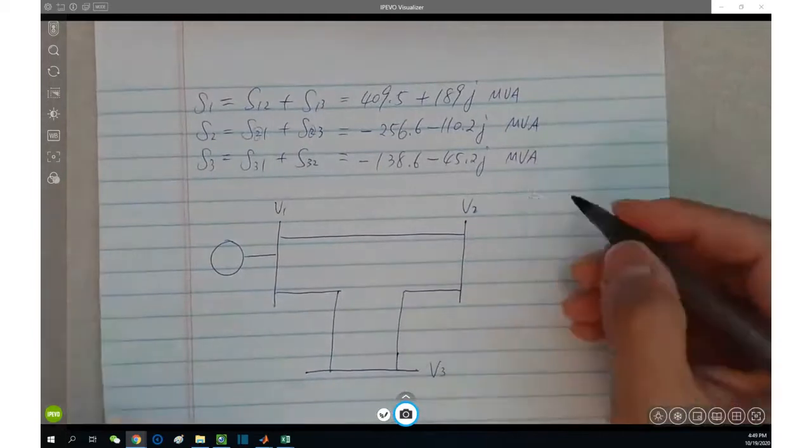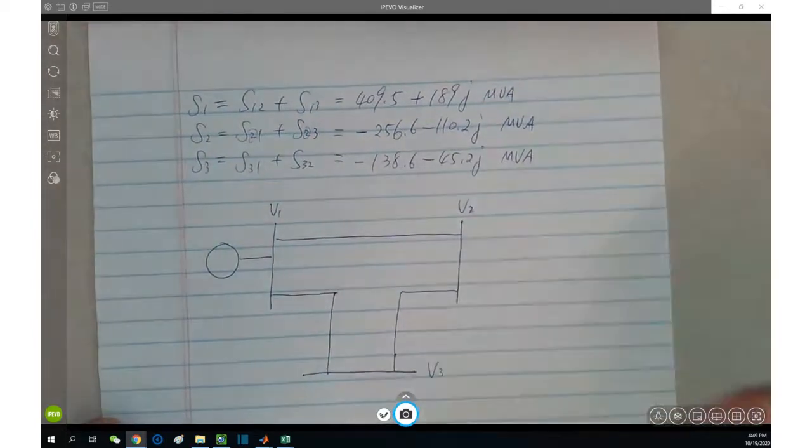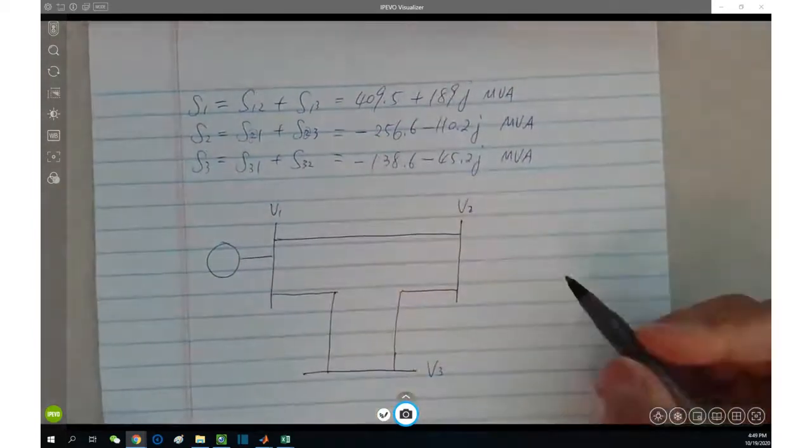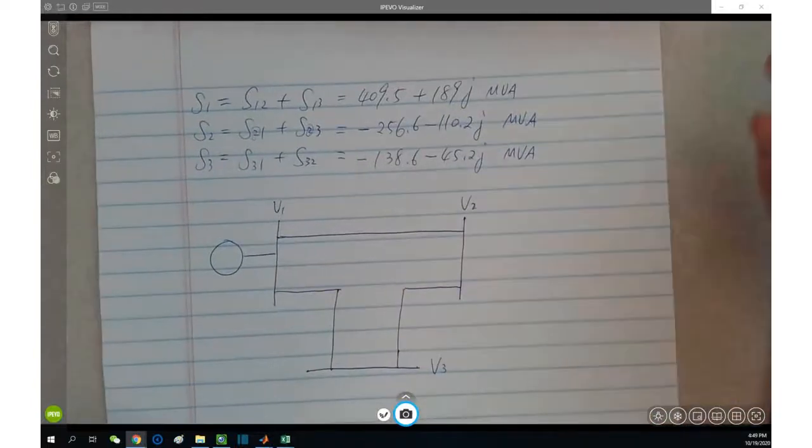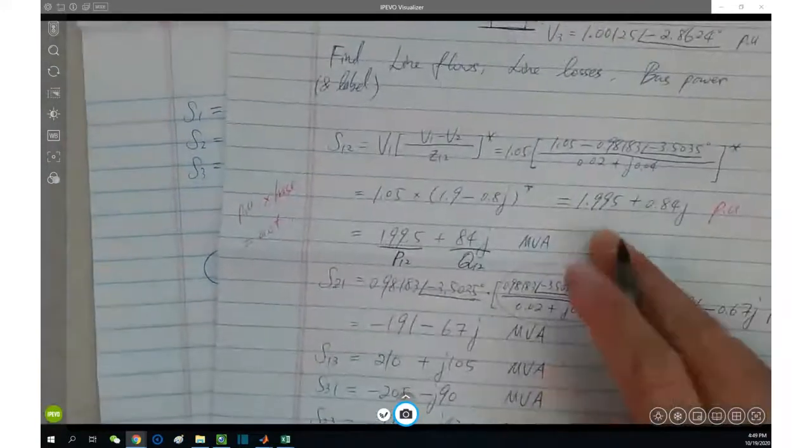How we label is like this. First of all, repeating the given network. And then first we label S12, right? S12 is here.